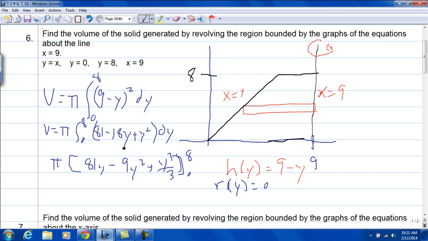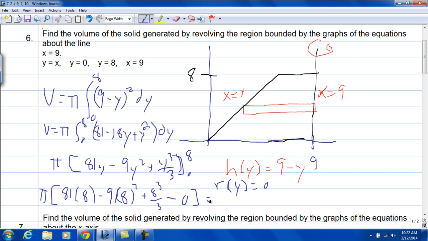Okay, and this should be a squared. So we're going to have pi times 81 times 8 minus 9 times 8 squared plus 8 cubed over 3 minus, if I put 0 in, I just get 0 for those.